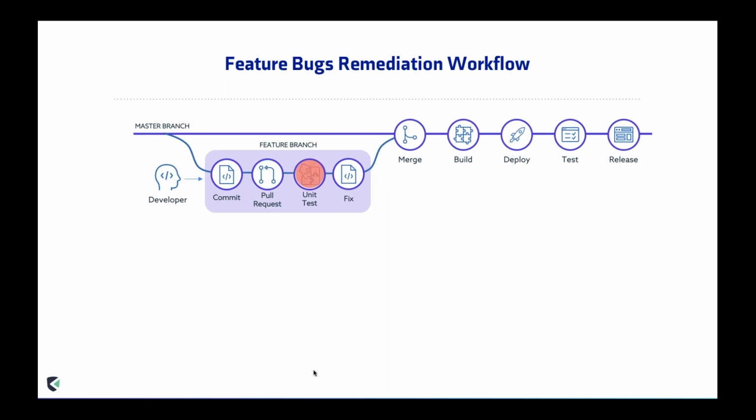There is often some automated testing, in this case unit testing, to determine whether or not they're going to break the application. And in this case, what I'm signifying with the red is that, yes, this developer's code would actually fail the unit test. So then there's another step, which is to apply a fix. And once that fix works, it then gets merged into the master branch.